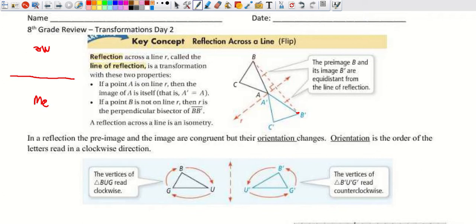It is the same distance away from the mirror as I am, so this distance is the same on both sides, and a 90-degree angle is formed between me and my reflection. But if I raise my right hand, remember that the image is putting their left hand up.